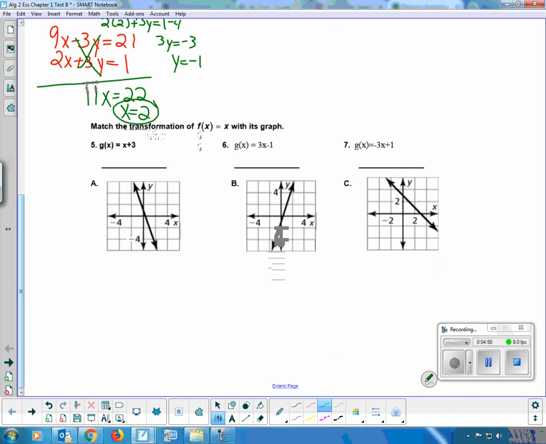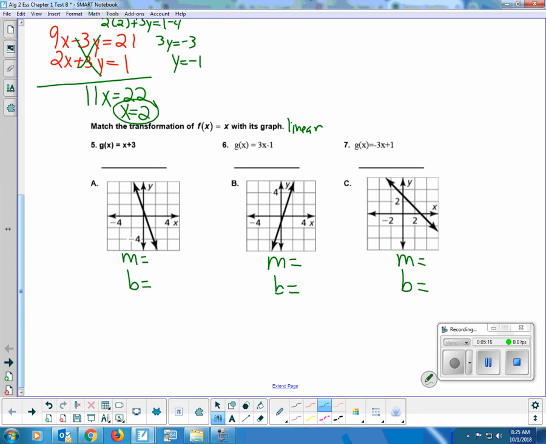Numbers 5, 6, 7. Really, all you need to do, since we are talking about linears, is check out the slope and check out the y-intercepts, because all three of the equations for 5, 6, and 7 are written in slope-intercept form. The first thing I'm going to do is take a look at the y-intercepts.